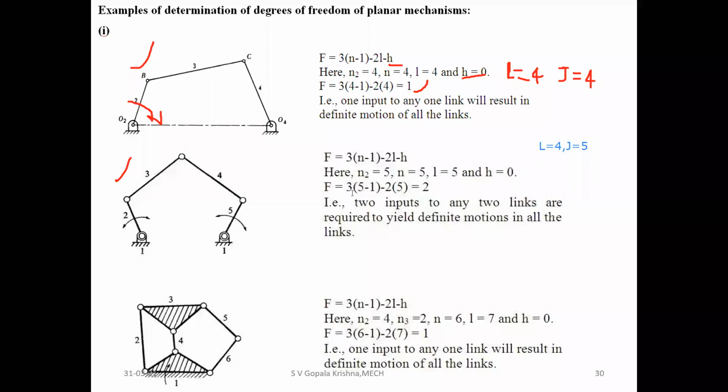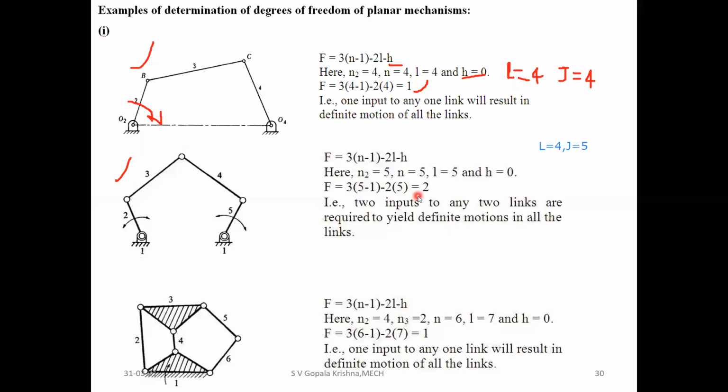Now when we know our number of links and joints, just substitute into the basic equation. F equals 3 into (5 minus 1) minus 2J, that is 2 into 5. What is the value? 2.